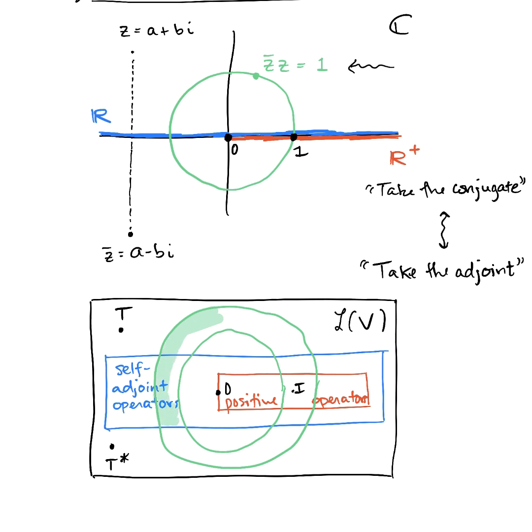Some isometries are self-adjoint. Others are not. All isometries are normal because S star S and S S star come out the same. Some isometries are even positive, like the identity. So that collection there is the isometries.